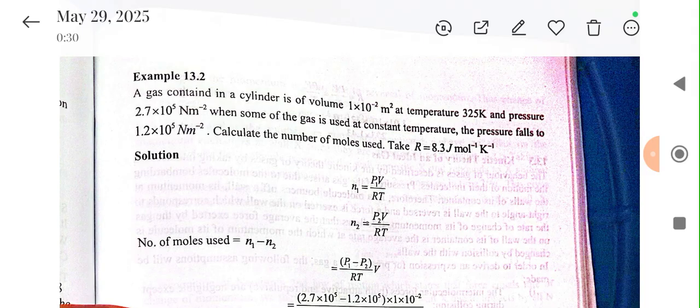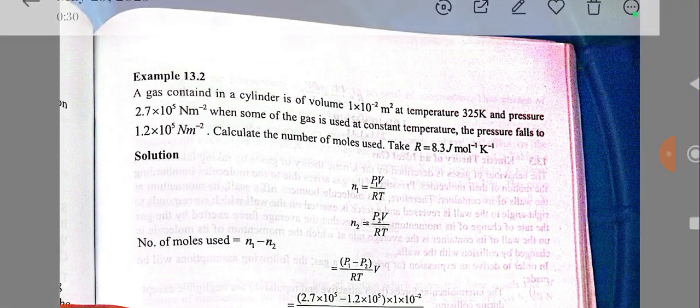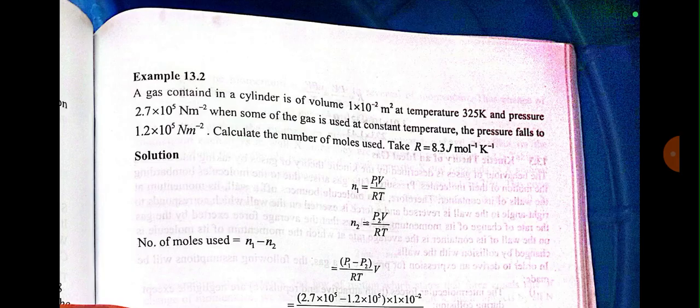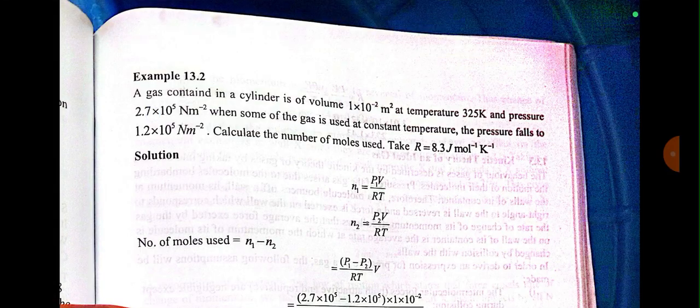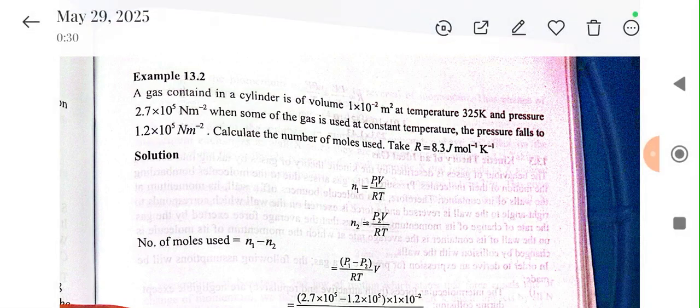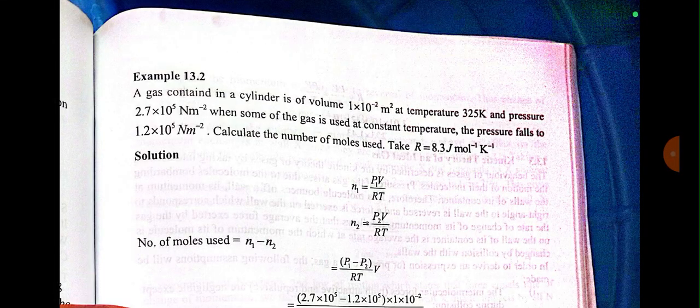This should be meter cube, not meter squared. At temperature 325 Kelvin and pressure P1, when some of the gas is used at constant temperature, the pressure falls to P2. Now calculate the number of moles used.